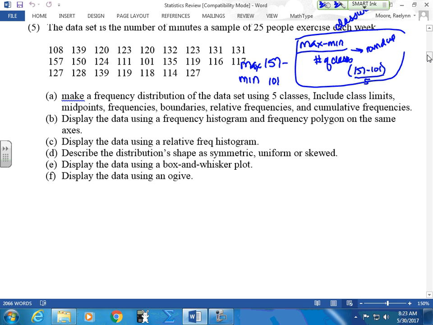Divided by 5, number of classes. Say 11 point what? 11.2? So now, round up. You round up to 12. This is your class width.